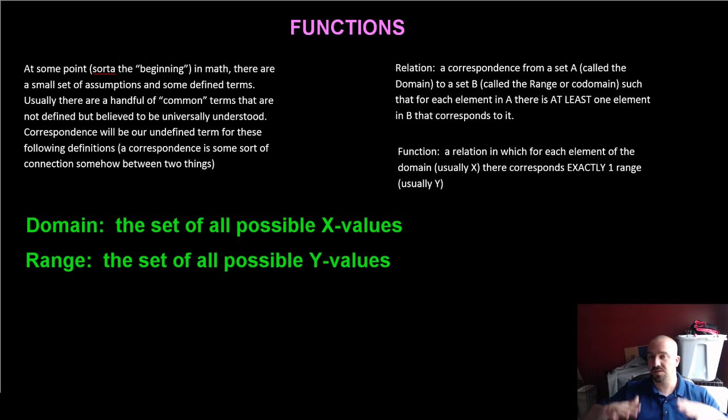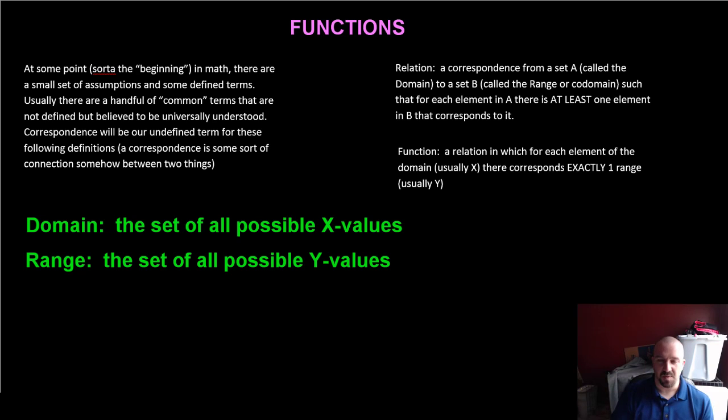In the more fundamental levels, in college and in high school, it was referred to as range. As you progress, it will probably get converted to codomain. They kind of mean the same thing.